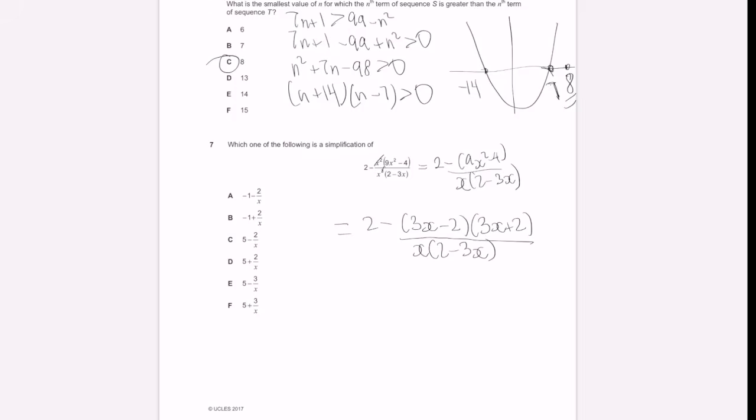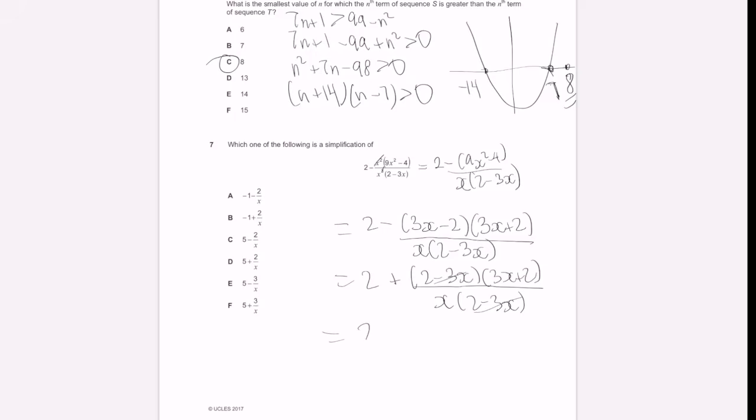Now we're just going to be quite careful. We're going to take a factor of minus 1 out of one of these, because that will allow us to cancel the bit below. So this here will be 2 plus 2 minus 3x, and then we can just copy the rest. And then notice how the 2 minus 3x will just end up cancelling out. So what are we going to be left with?